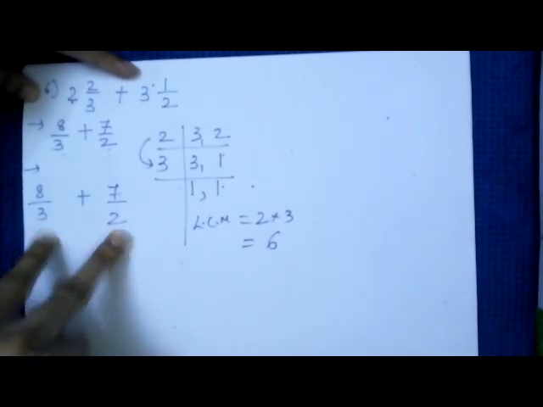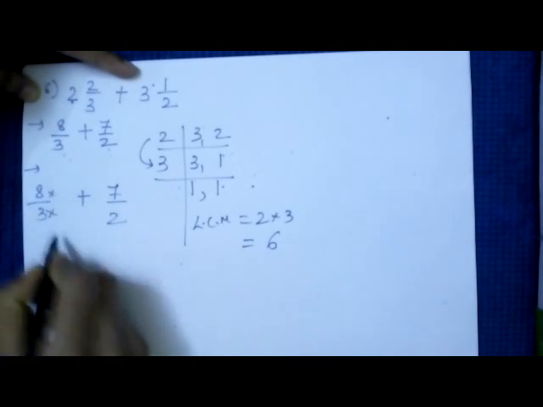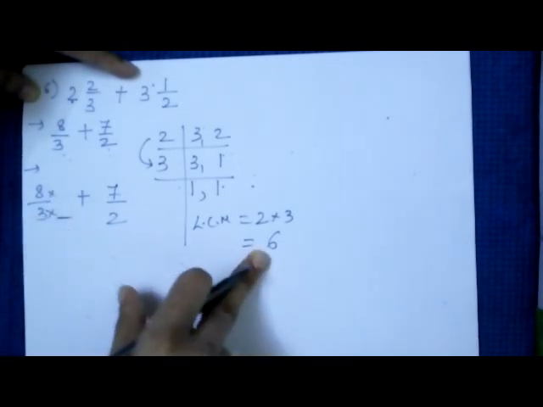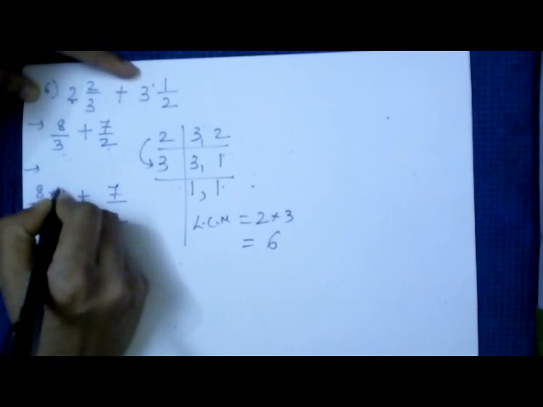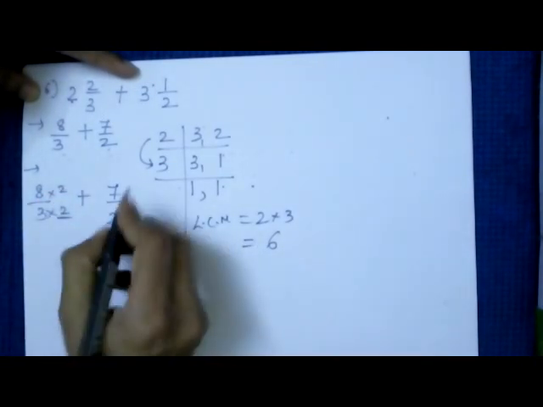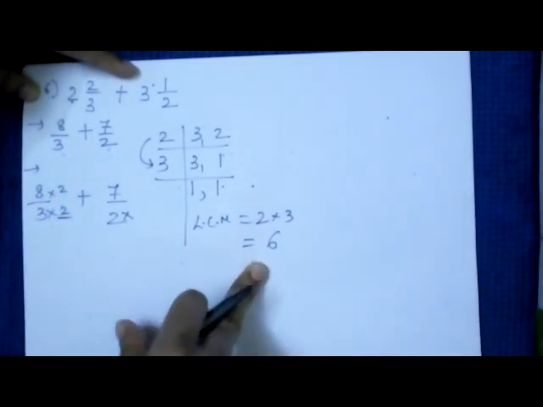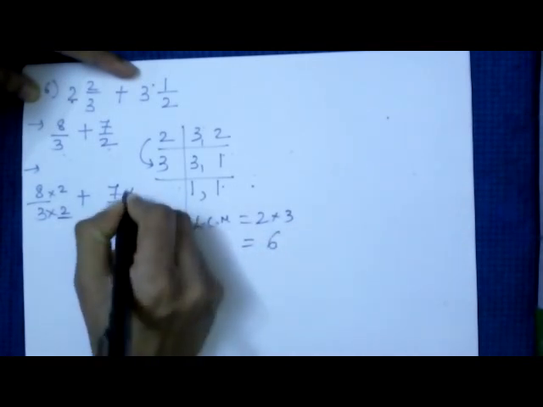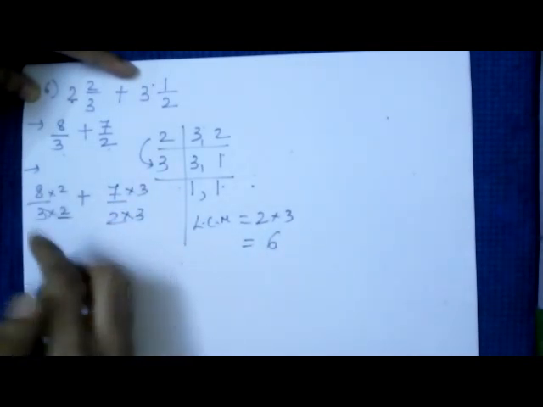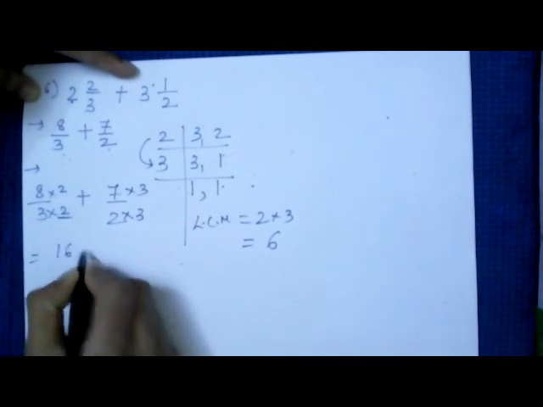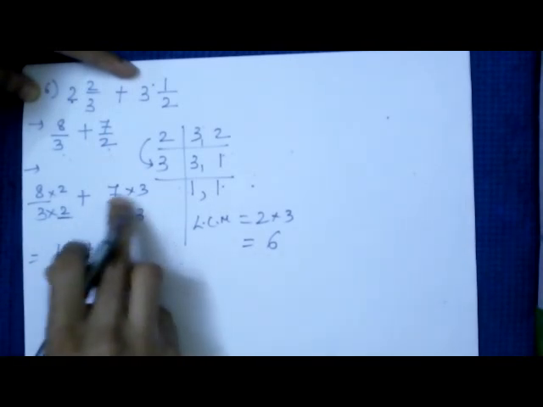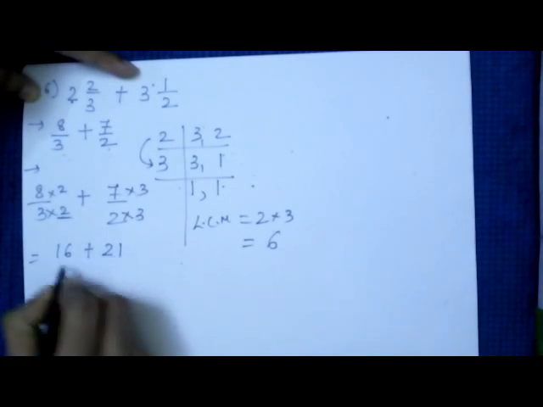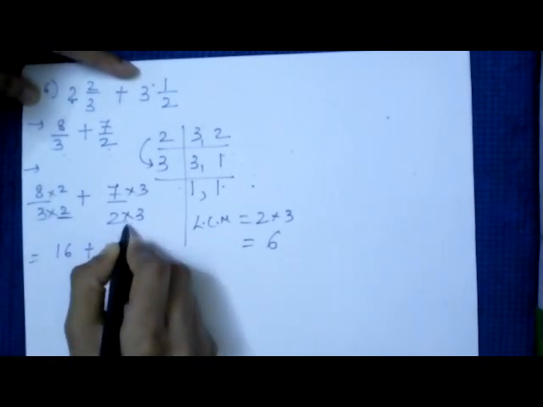These are our fractions. Now you need to think: 3 times how many will give you 6? 2 times. So this fraction we multiply by 2. In the same way, 2 times how many will give you 6? 3 times. So this we multiply by 3. So here 8 twos are 16 plus here 7 threes are 21, and this is 3 twos are 6, this is also 3 twos are 6.